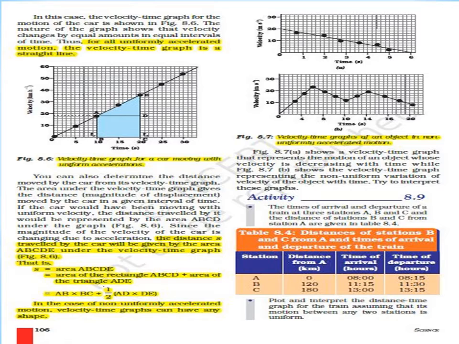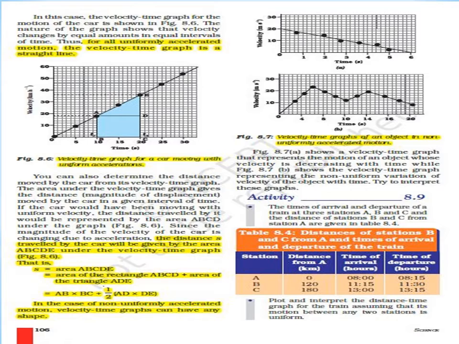Again, if someone asks what the distance or displacement covered from A to B is, we simply draw a perpendicular from A to the time axis and from B to the time axis. Here the area is in the form of a trapezium. So we will divide it into two parts: one is a rectangle and the other is a right angle triangle, and the total area will give the distance.